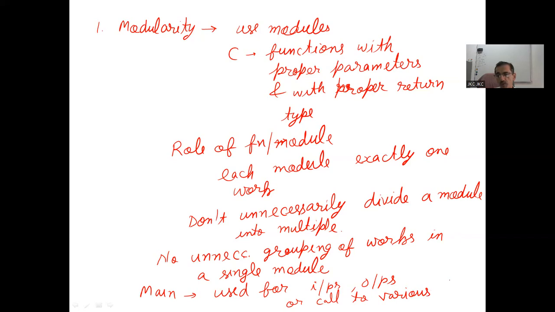Main is not supposed to do so many other activities, or some module's work should not be completely put into the main function itself. So, calls to various modules. This is what we mean by modularity. Maybe with time you will understand when we discuss through examples.